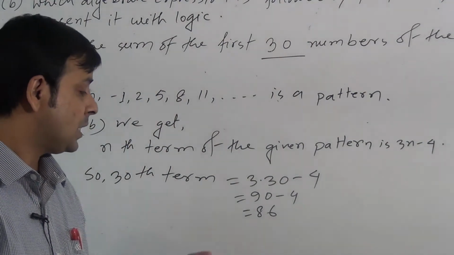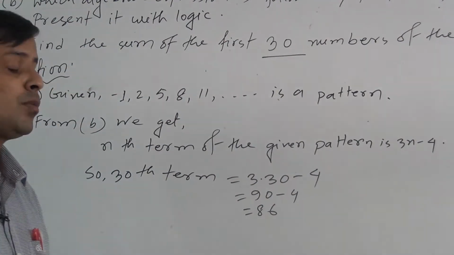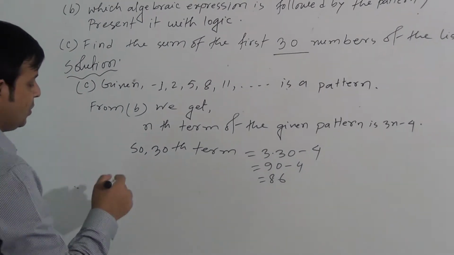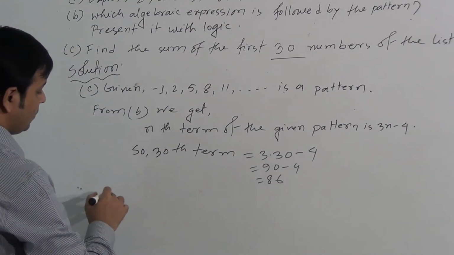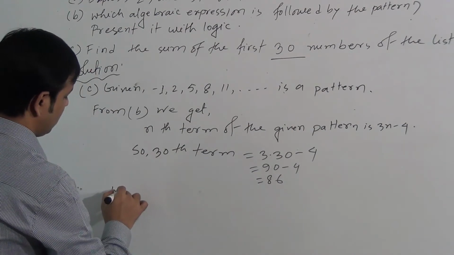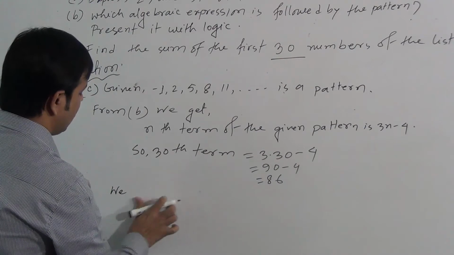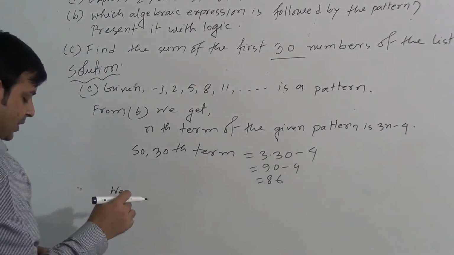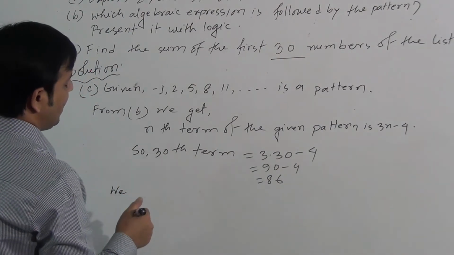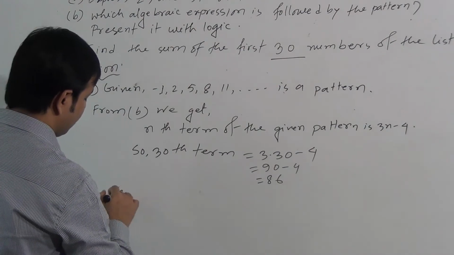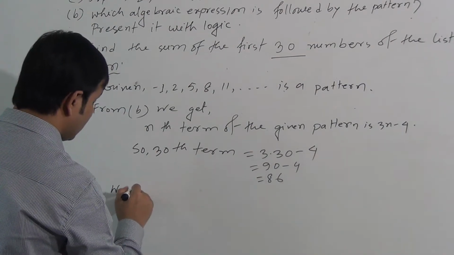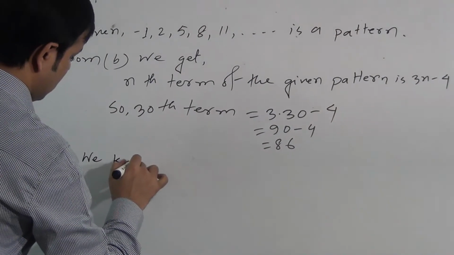To determine the sum, we need the formula now. Dear students, we know when the difference of two consecutive terms of a pattern is the same, then we know a formula.